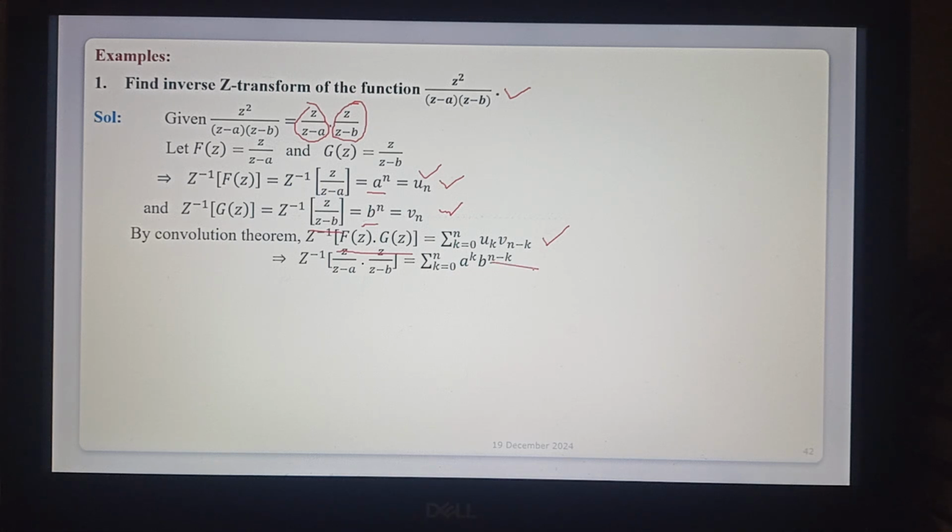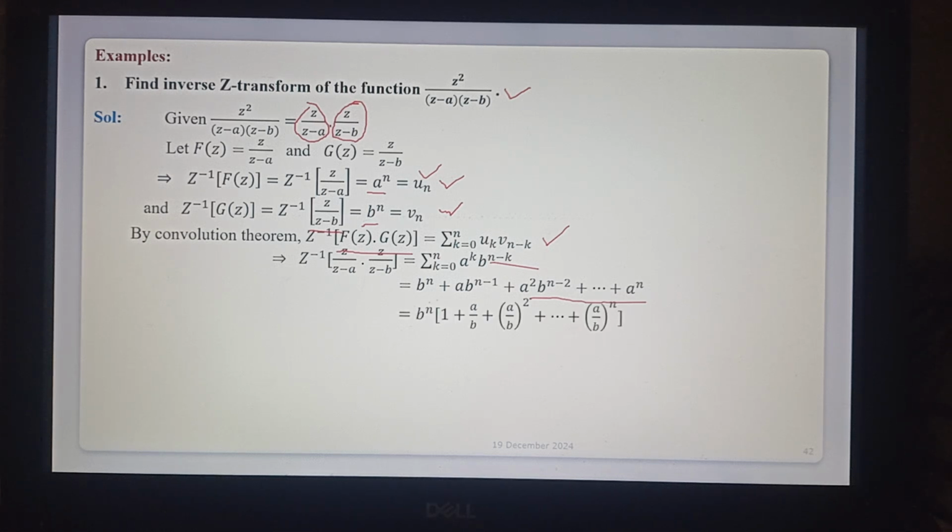Expanding: for k equals 0, b power n; for k equals 1, a into b power n minus 1; for k equals 2, a square into b power n minus 2; and so on, up to k equals n, a power n into b power 0.